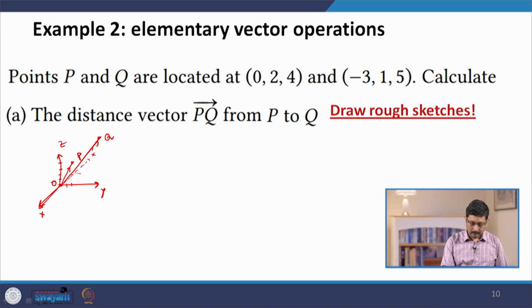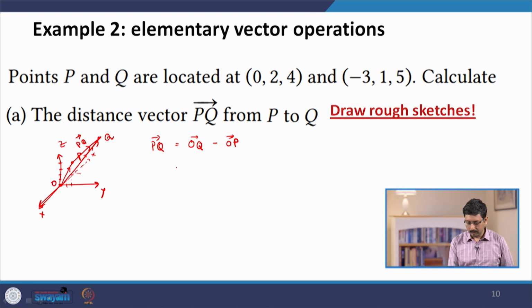So, then from P to Q, this vector represents the distance vector from P to Q. Now, if I look at this picture, I can see that this PQ is, by applying the laws of vector addition, OQ minus OP.